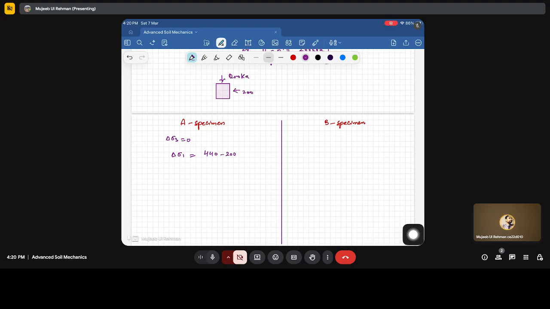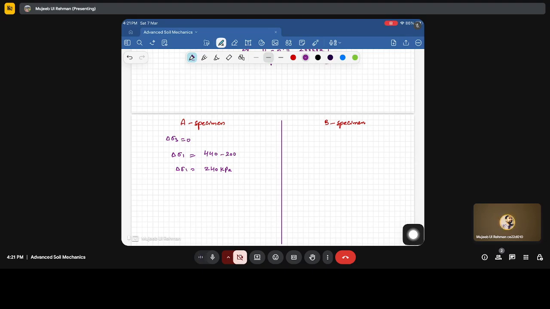Now this stress has been incremented to 440. So delta sigma 1 will be equal to the difference between these two stresses, 240 kPa. And delta sigma 3 is equal to 0.